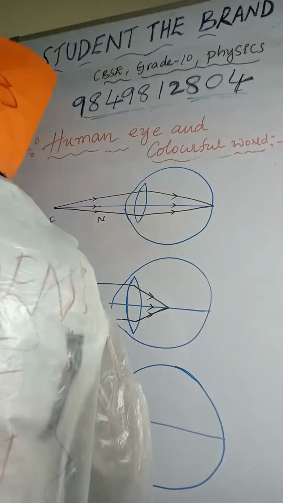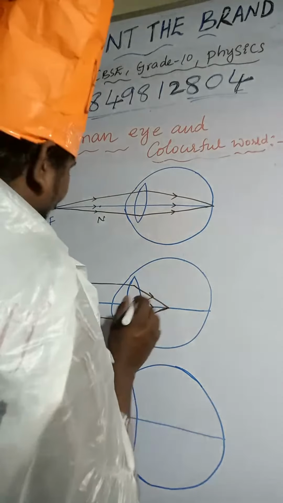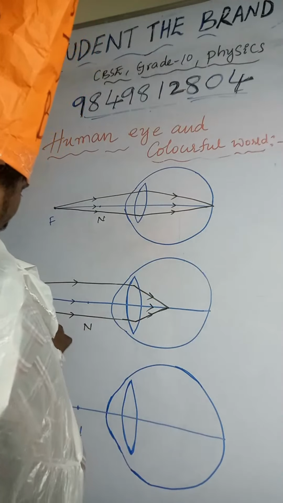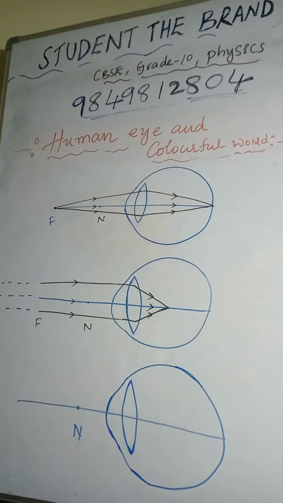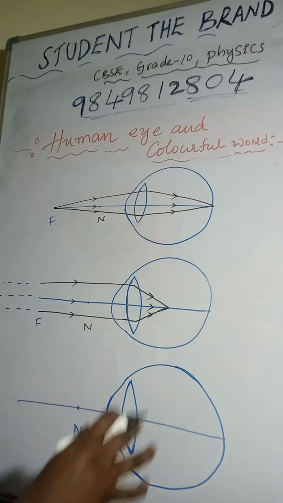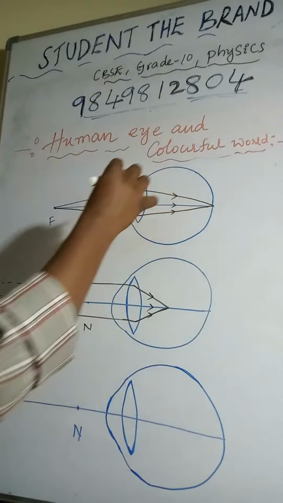So here you can observe. We are using concave lens to correct the defect of myopia. So this is the far point of myopic eye.